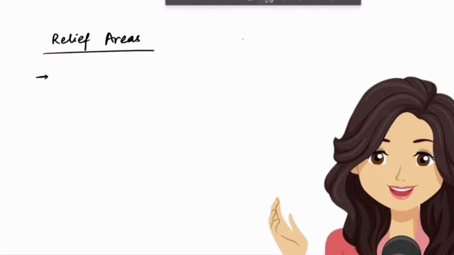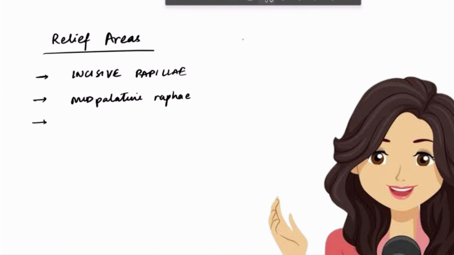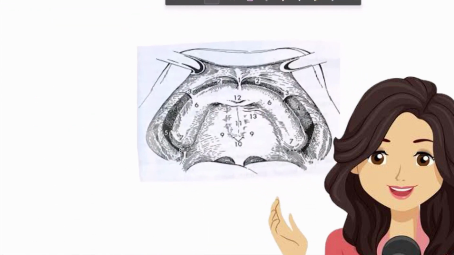Relief areas: the first one is called the incisive papilla. Second is your mid-palatine raphe. And third is your fovea palatini. Let us identify them onto our image here.